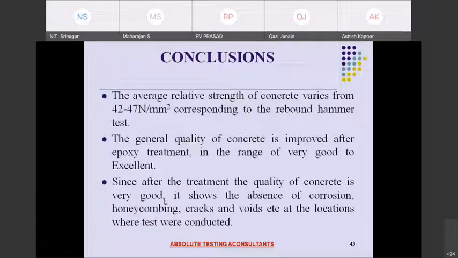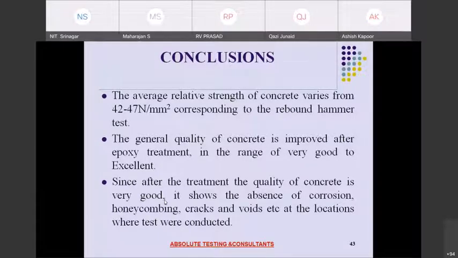So what was the conclusion? The average relative strength of the concrete varies from 40 to 47 Newton per mm square, corresponding to the rebound hammer test. We also conducted the rebound hammer test so that we would be assured that the required grade of concrete was not disturbed because of this problem. The required grade was 40 Newton per mm square, and we were getting 42 to 47 Newton per mm square.